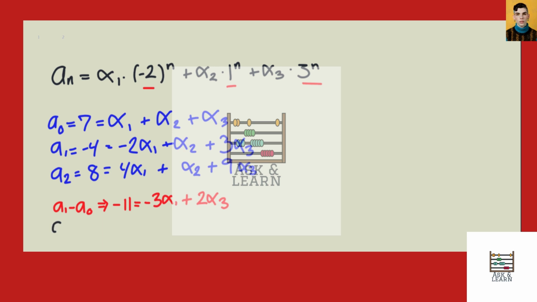Okay, now we're going to, I see I have a little typo here. There should not be a 2 in this equation. So now we're going to take the third equation, a_2, and we will subtract a_0 from that as well.